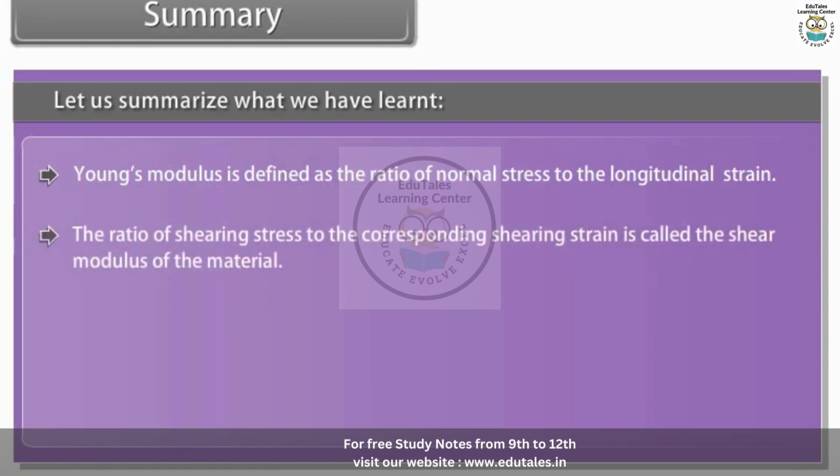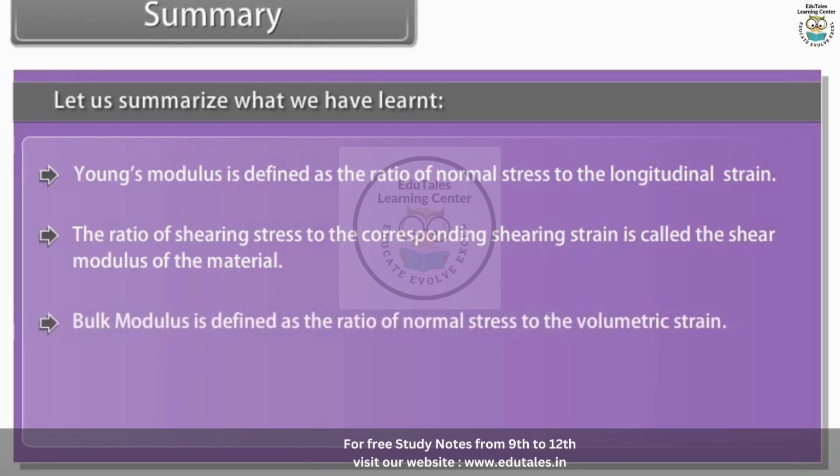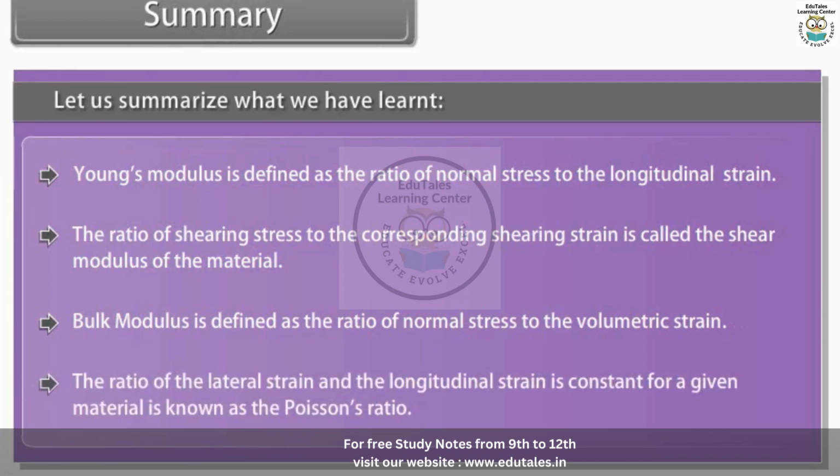The ratio of shearing stress to the corresponding shearing strain is called the shear modulus of the material. Bulk modulus is defined as the ratio of normal stress to the volumetric strain. The ratio of the lateral strain and the longitudinal strain is constant for a given material is known as the Poisson's ratio.